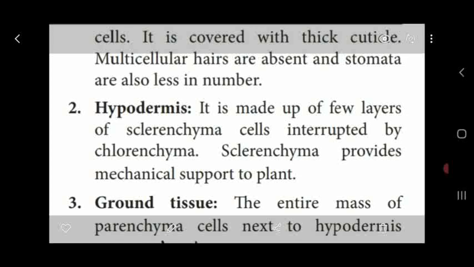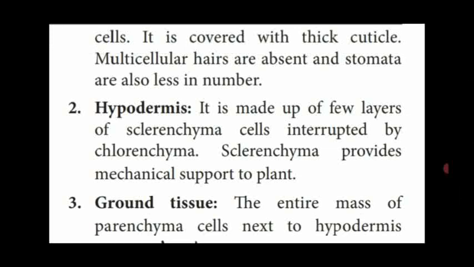Next one, ground tissue. Why is it said to be ground tissue? Dear students, here there is no variation of endodermis, pericycle and pith region. Instead, the entire region is named ground tissue. In this ground tissue, a large number of vascular bundles are embedded.